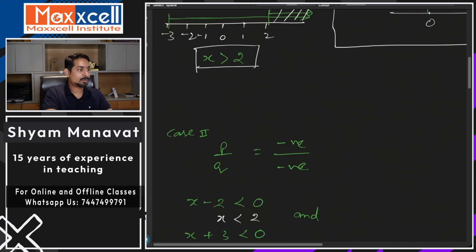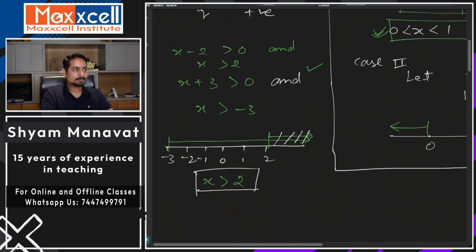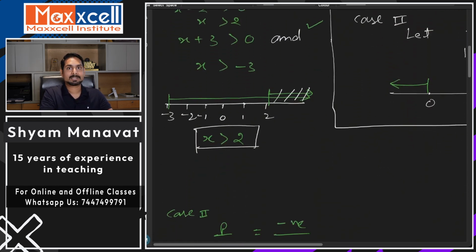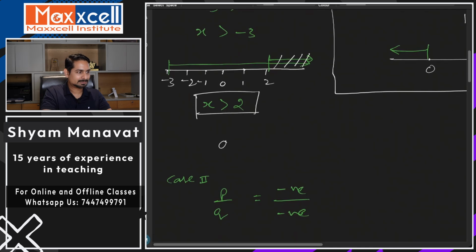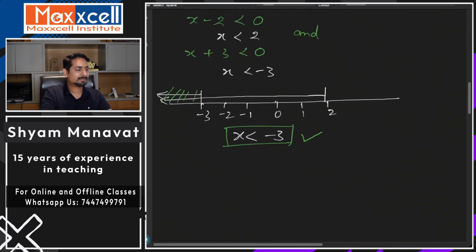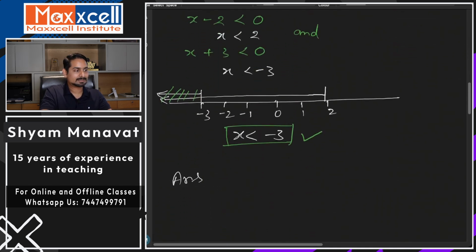Yes, we should use or, because either both are positive or both are negative. Yeah, you can't say both are positive and both are negative. It doesn't make sense. Yes, so between these two conditions we should have the conjunction or. So what is the final answer? We'll say the answer is x is less than minus 3 or x is more than 2.